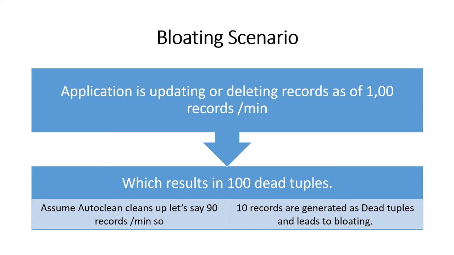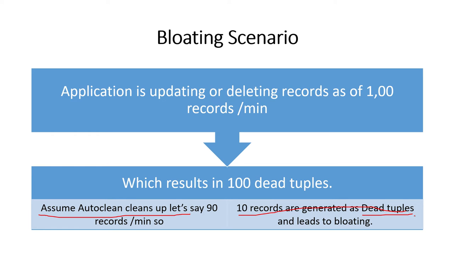And if my auto vacuum process is running, which is used to remove the tuples, and let's say it is removing 90 records per minute, then every minute 10 records are getting generated or accumulated as dead tuples.